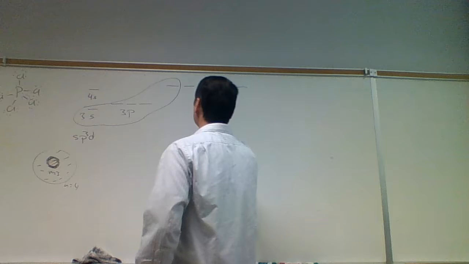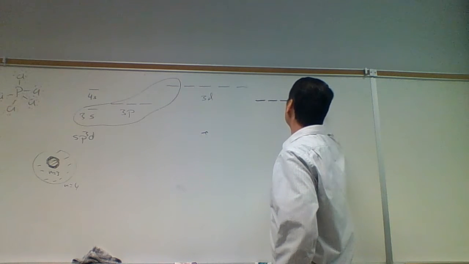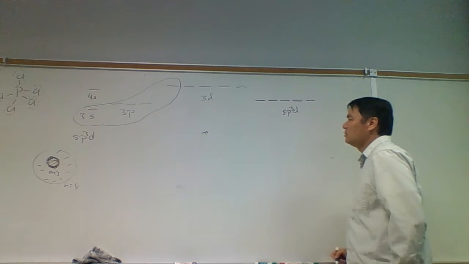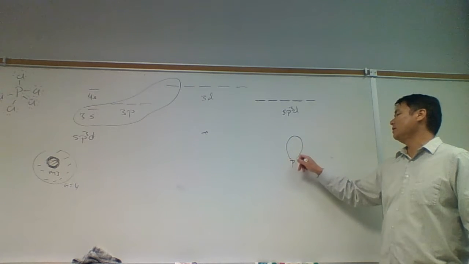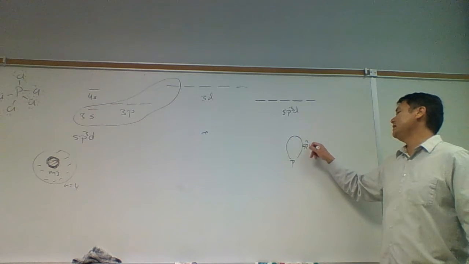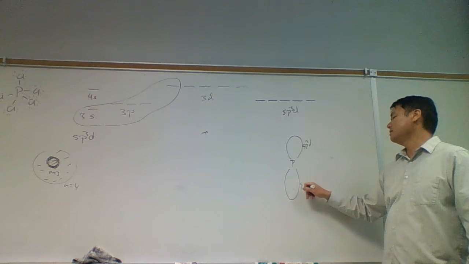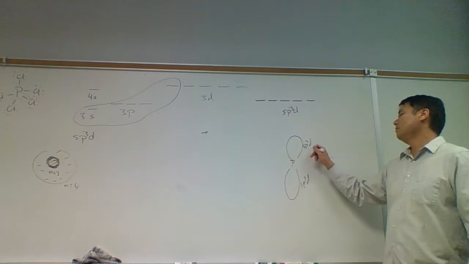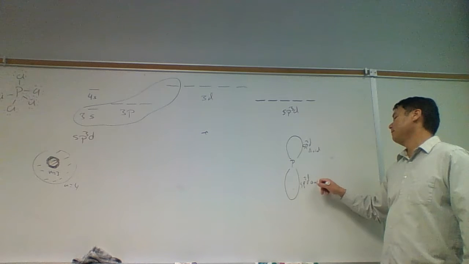What we end up with is 5 equivalent orbitals: 1, 2, 3, 4, 5. Each of these is sp3d. However, they aren't totally equivalent because for phosphorus, we're going to have one orbital here, this is sp3d, and another one here. This looks like a p orbital, but this is not a p orbital. This is 2 separate orbitals, and we call these the axial orbitals.